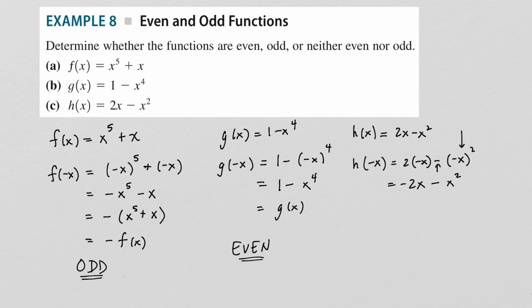Now I want you to notice that this is not the same as the original function, so it's definitely not even. And if you factor out a negative, you get 2x plus x squared left over. And notice that this is also not the same as the original function. So you don't get h of x, and you don't get the opposite of h of x. And so this function is neither even nor odd.